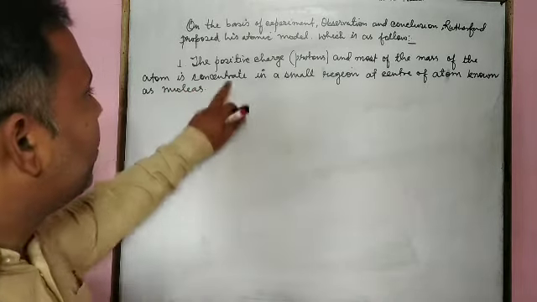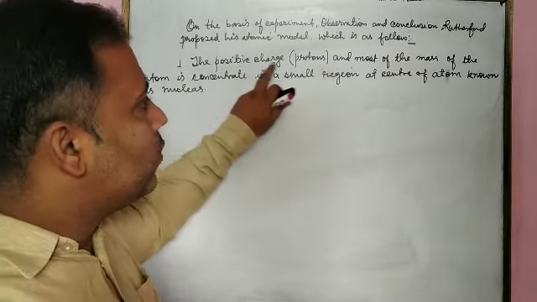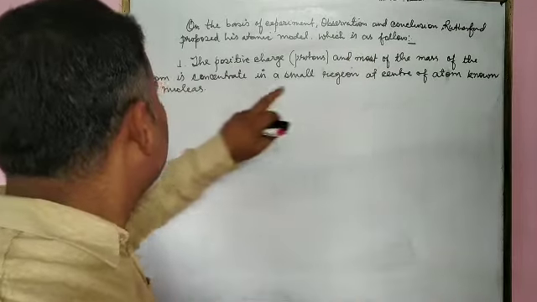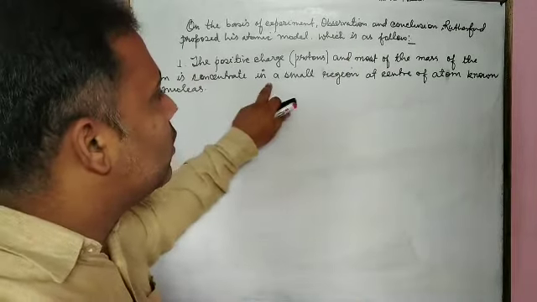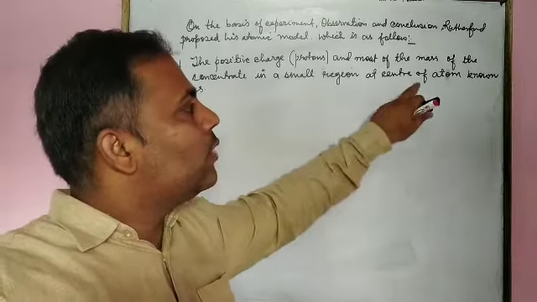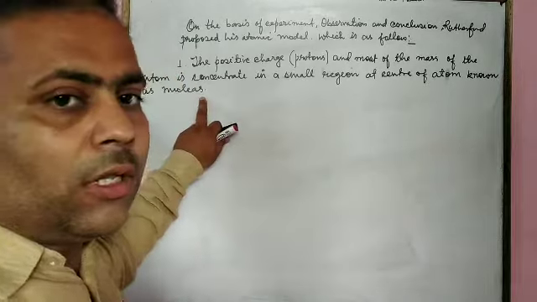What we have? The positive charge together with most of the mass of the atom is concentrated in a small region at the center of the atom, known as nucleus.